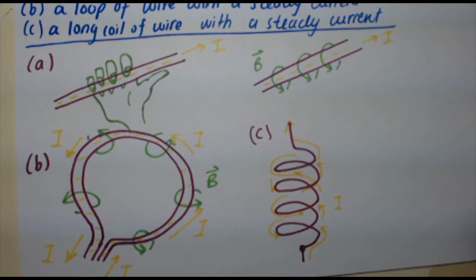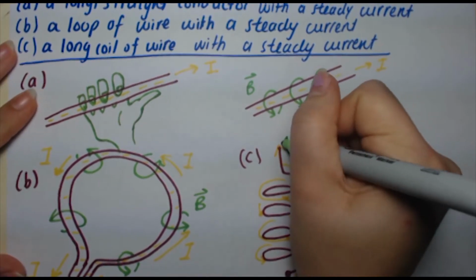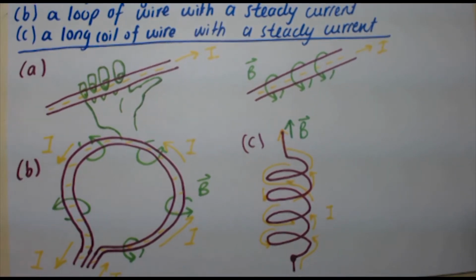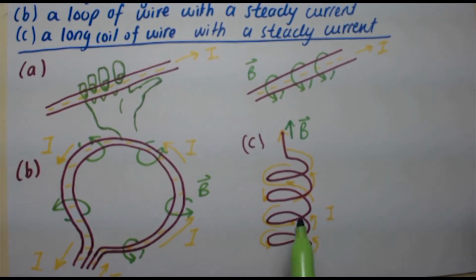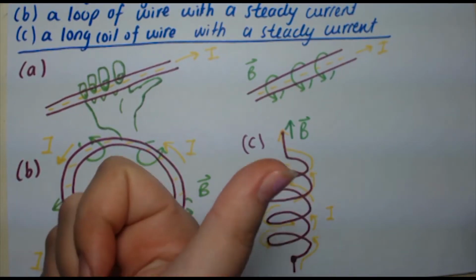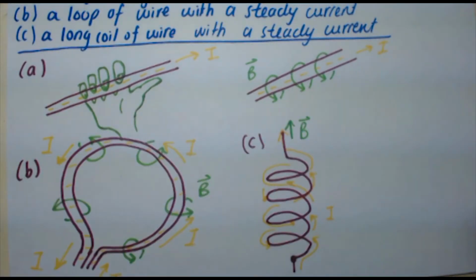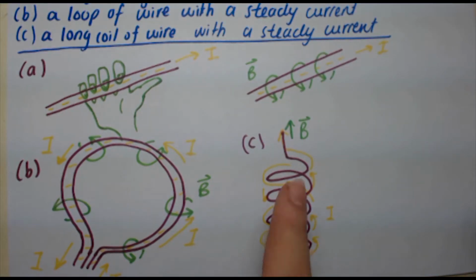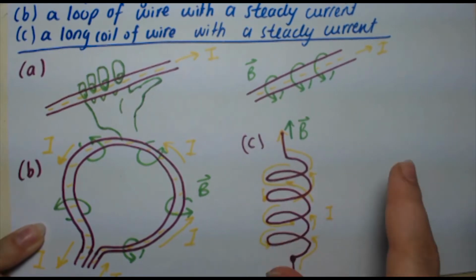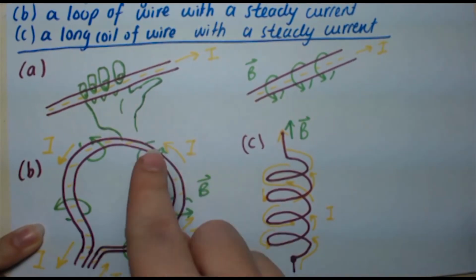The idea is that the magnetic field and the current are perpendicular to each other. If one of them is looping, you use that as your fingers. If one of them is going straight, you use that one as your thumb. They will never both be going straight. You'll always have one in a loop.